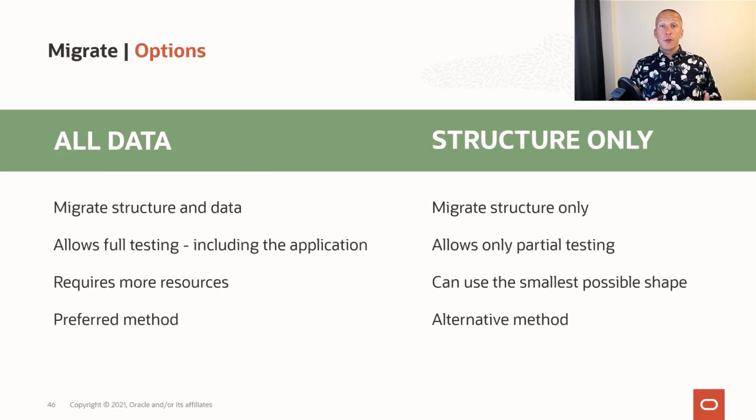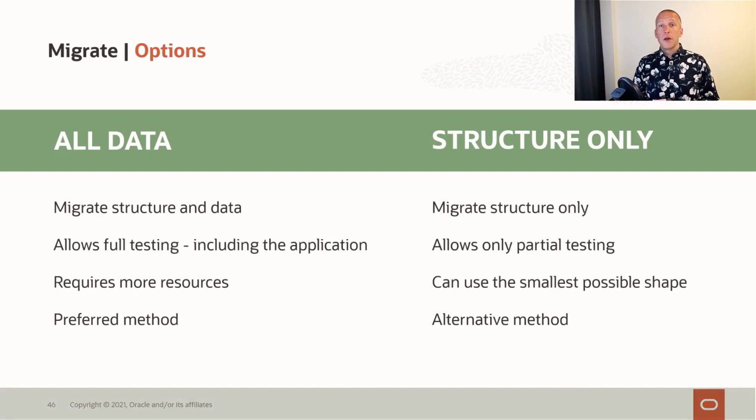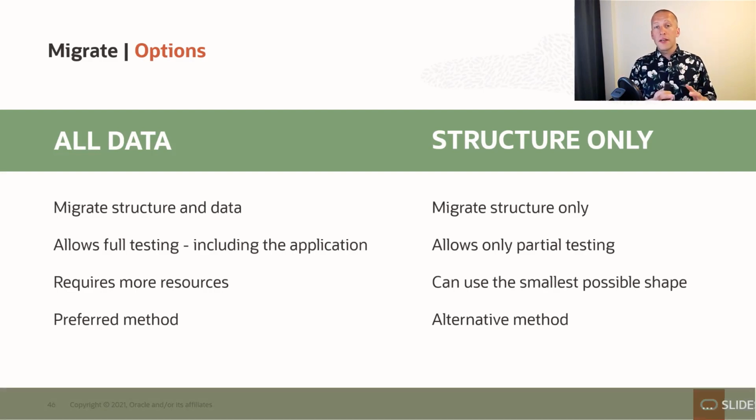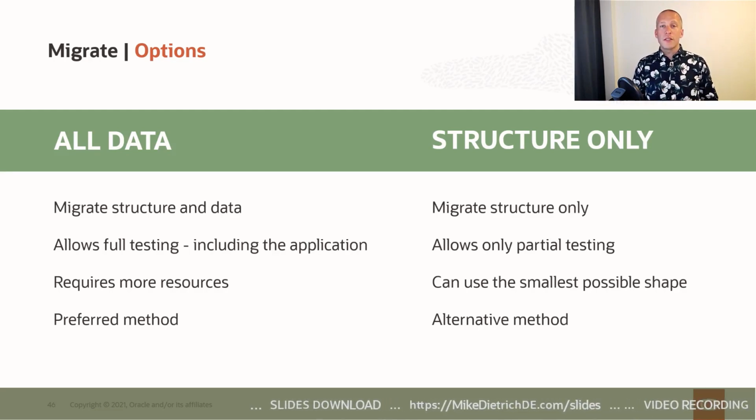There are a few options that you can use when you migrate your database to the cloud. You can either take all of your data, the entire database, structure and data, or you can migrate the structure only. The good thing about bringing your entire database is that it allows for full testing, including application testing.